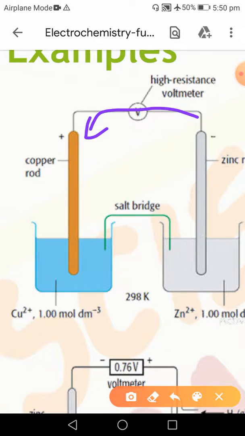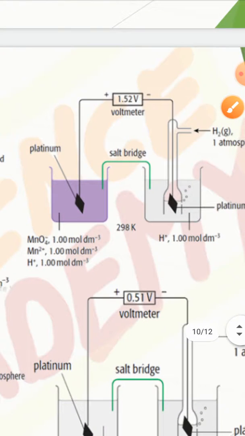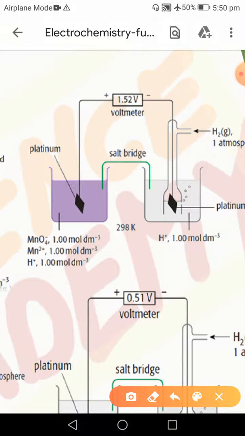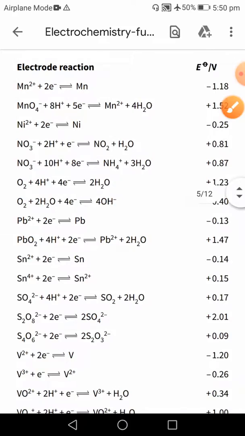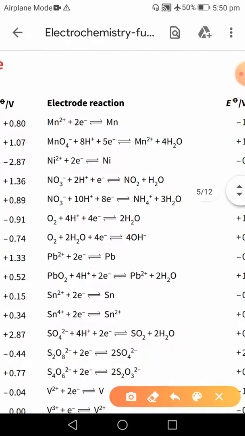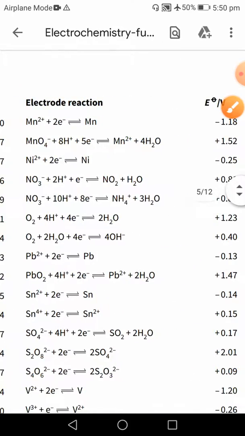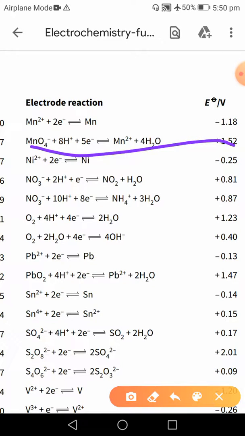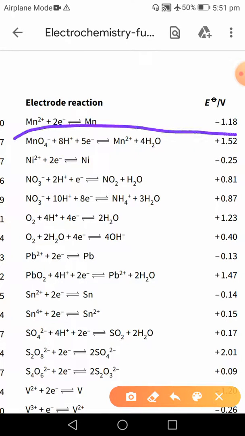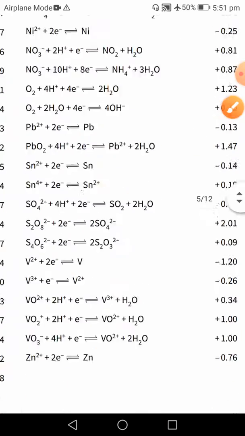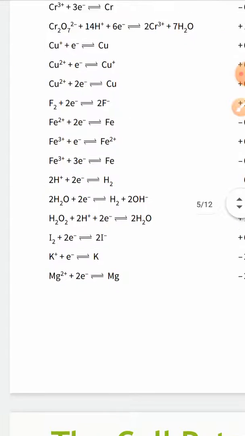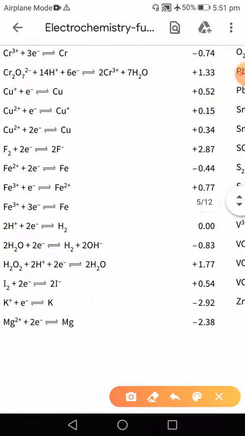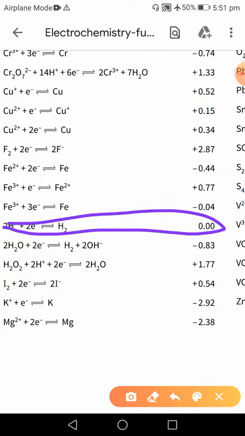Now for instance, this is the MnO4-/Mn2+ half cell, and this is the hydrogen half cell. Let's see the values. For MnO4-/Mn2+ the value is 1.52, and the electrode potential value of hydrogen is 0.